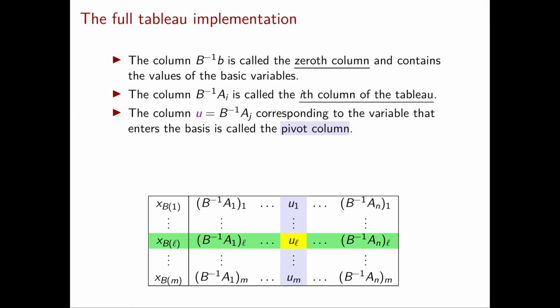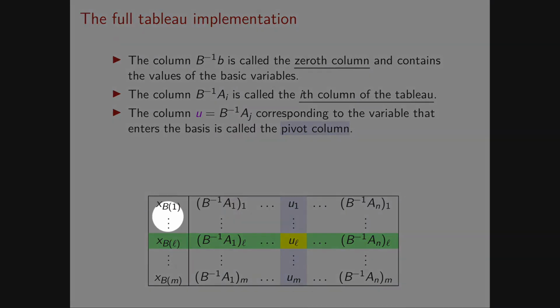Now let's see more in detail the simplex tableau and let's introduce some notation. The very first column of our tableau is B inverse b. This column is very different from the others and is called the 0th column. Recall that B inverse b is the formula that gives us xB.